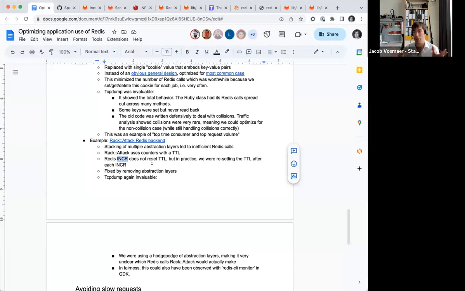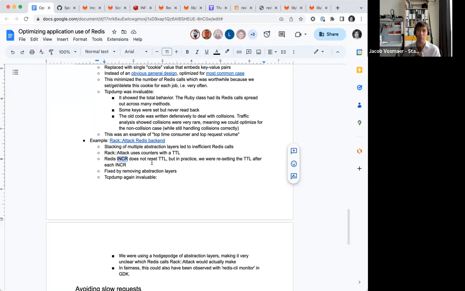And the way rack attack works is that a key has a TTL that's known at the time it's created, and it never changes. But every time we incremented the counter, some abstraction layer was pessimistically setting the TTL again every time.